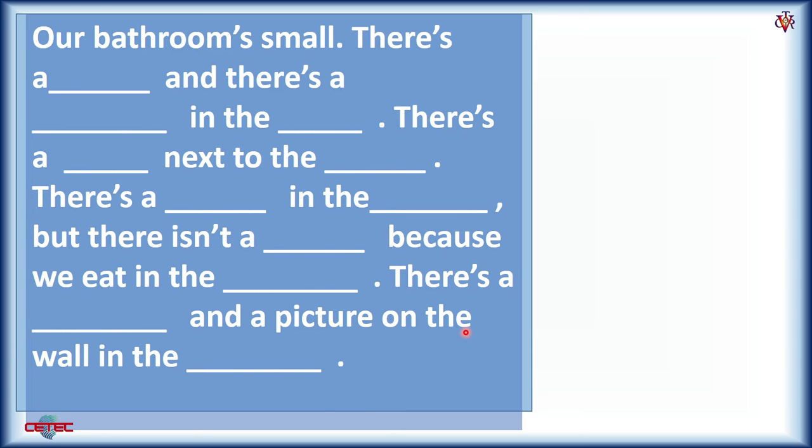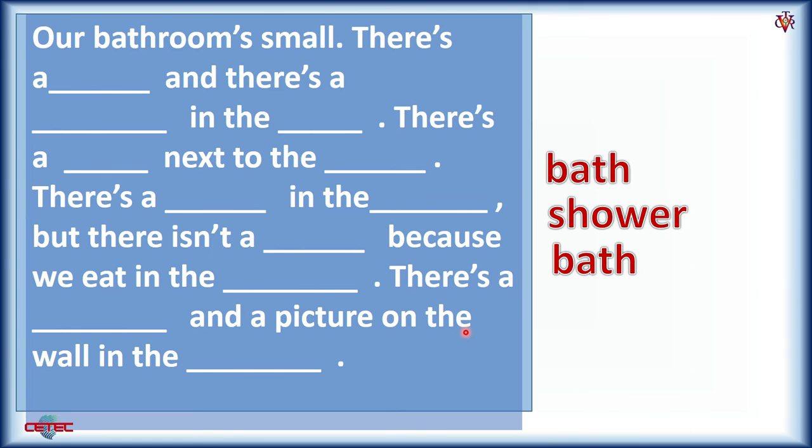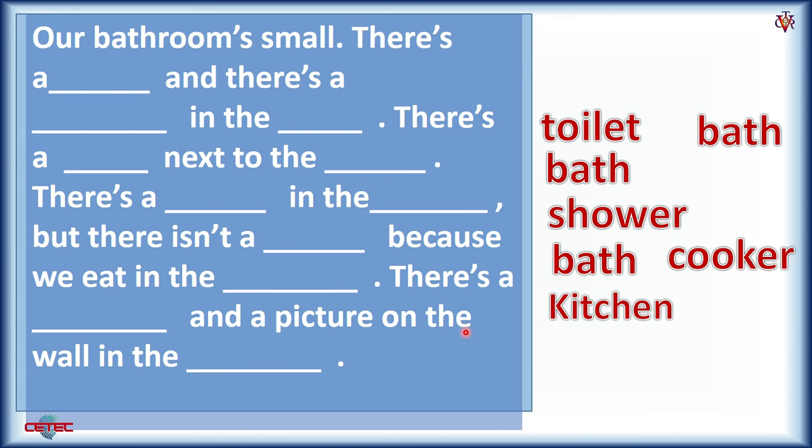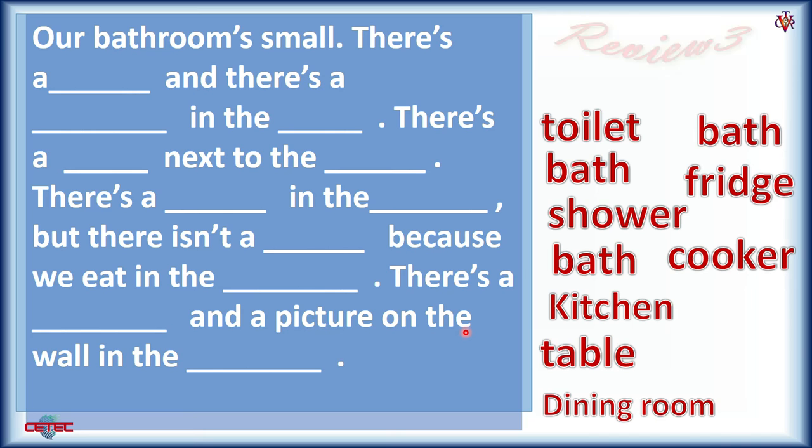All the words that we need are bath, shower, bath, toilet, bath, cooker, kitchen, table, dining room, fridge, kitchen. All these words we have to put here in the correct space.